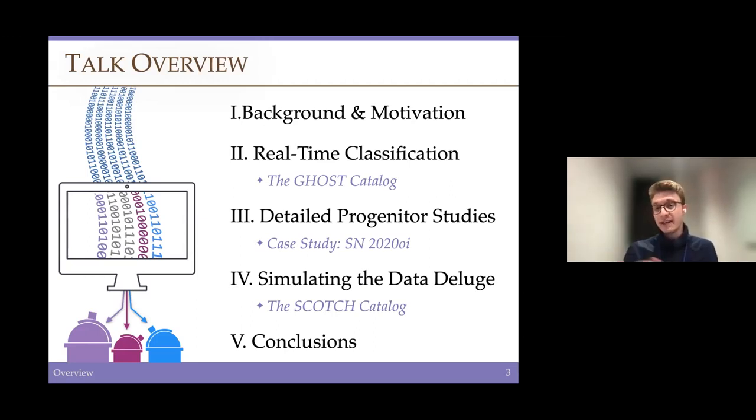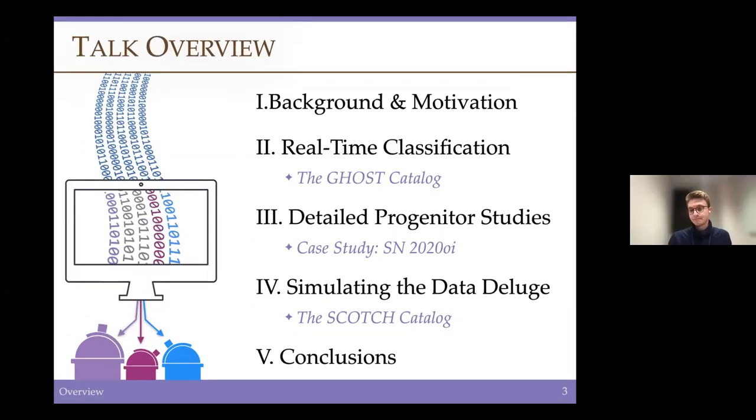And I'll then narrow in on a specific study of a supernova called 2020 I as a case study of what host galaxy information can give us in the way of a detailed progenitor study of one event in detail.